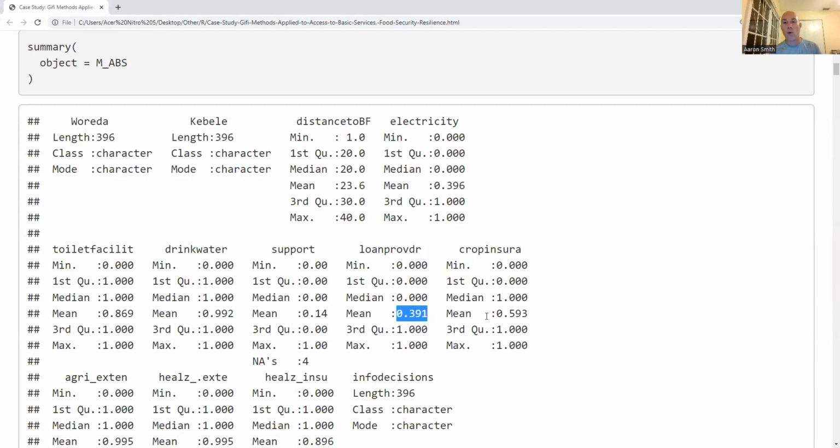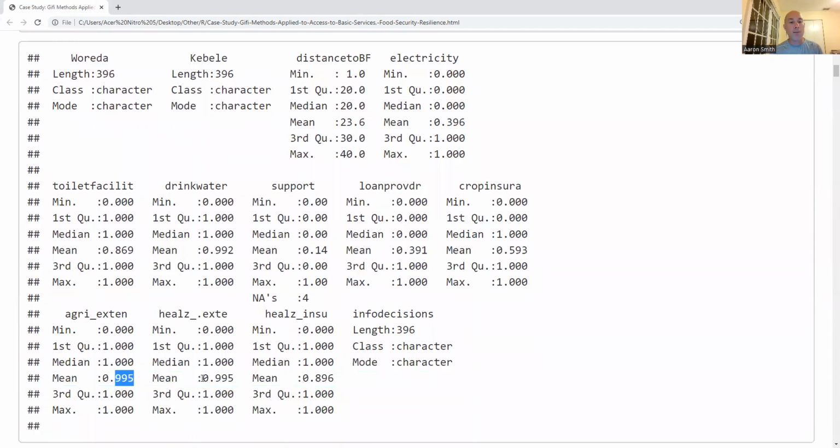Let's just say 0.4, approximately 0.6. Now we have more than 0.99, more than 0.99, and then 0.9. So we can see that we have imbalanced data, and that's going to be an issue.